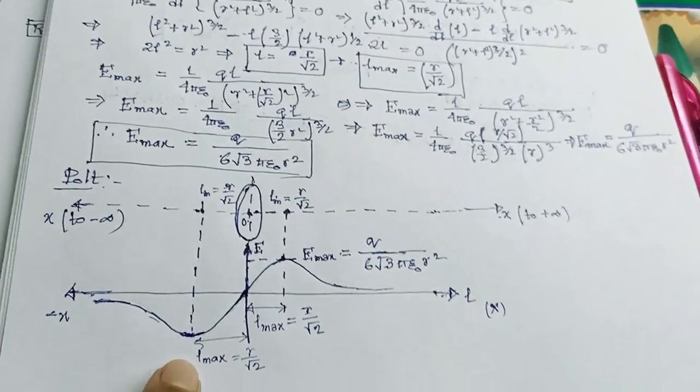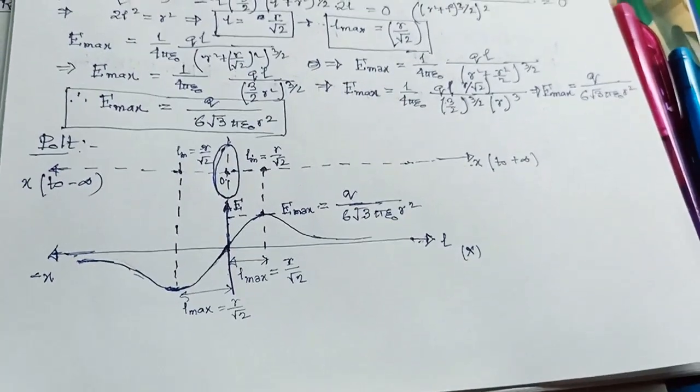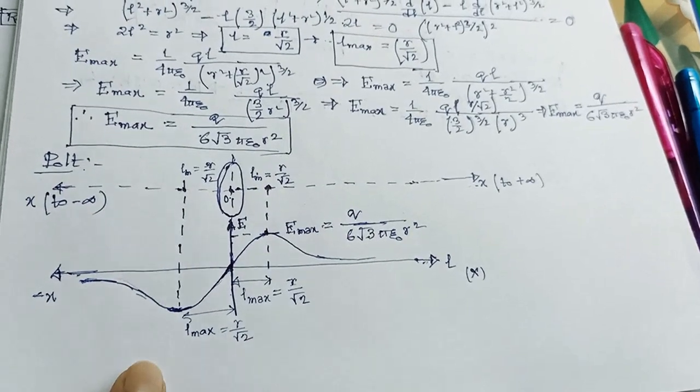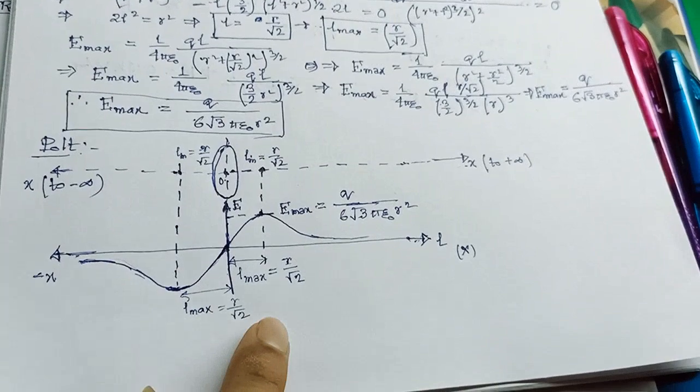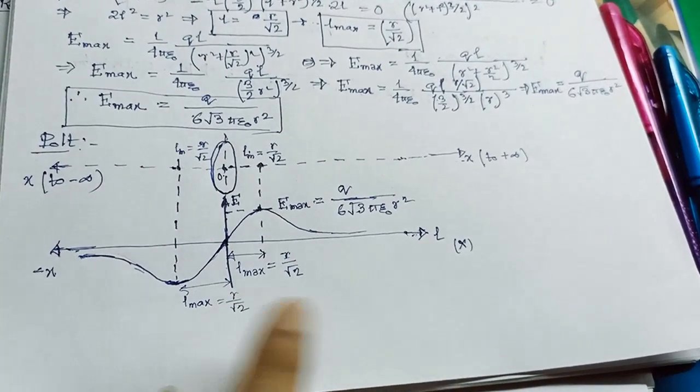So this plot corresponds to the complete representation of electric field variation with distance from its center.